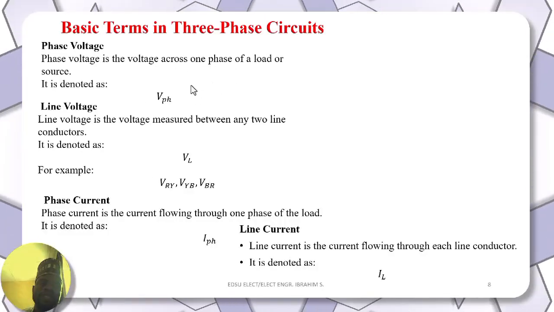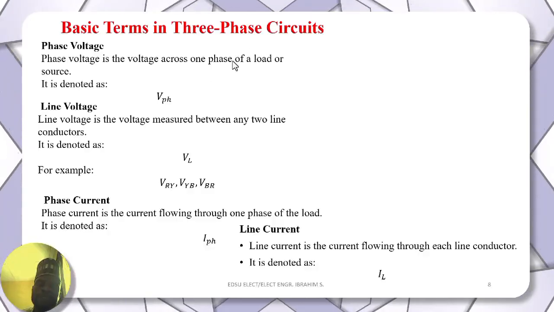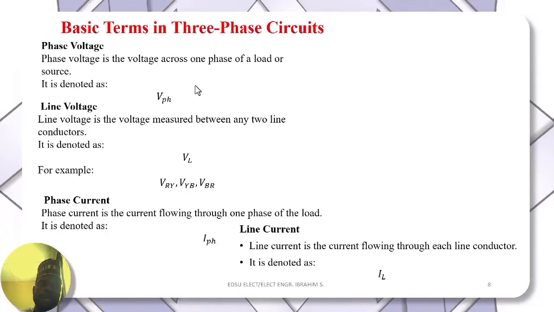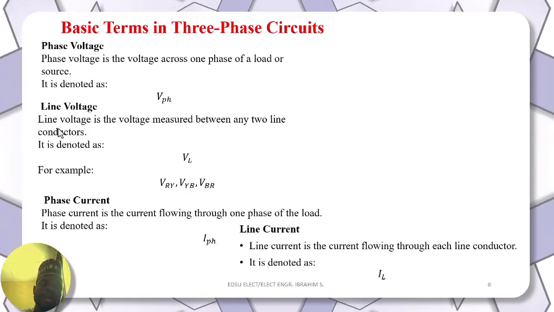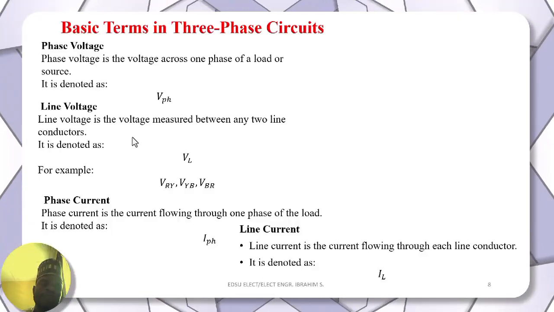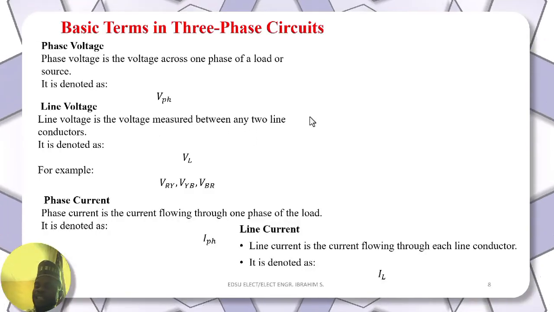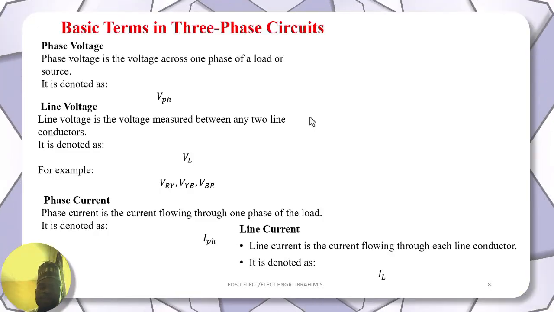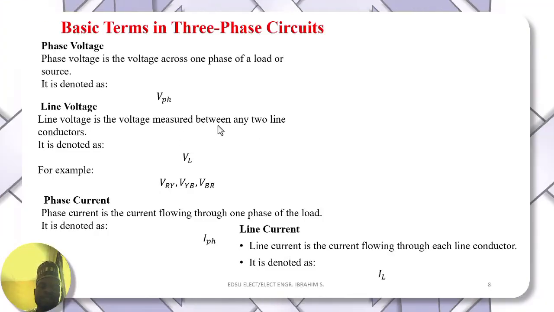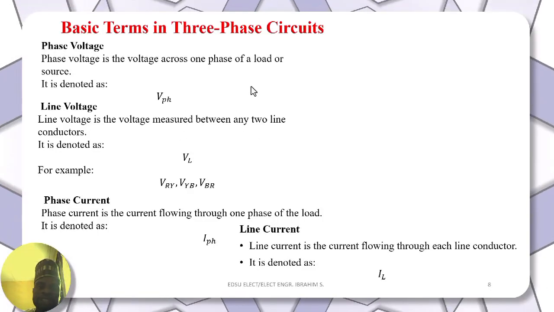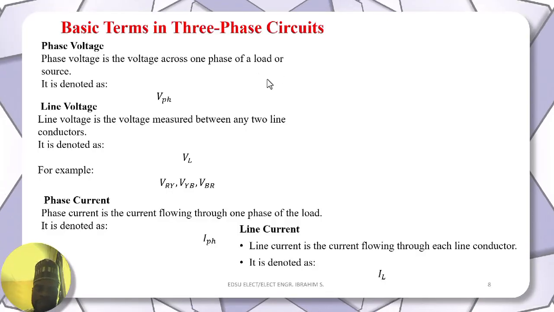The phase voltage is the voltage across one phase of a load, and is denoted by this, while the line voltage is the voltage measured between two lines. When you are taking voltage between two cables, it's called the line voltage. But the phase voltage is the voltage across one phase.